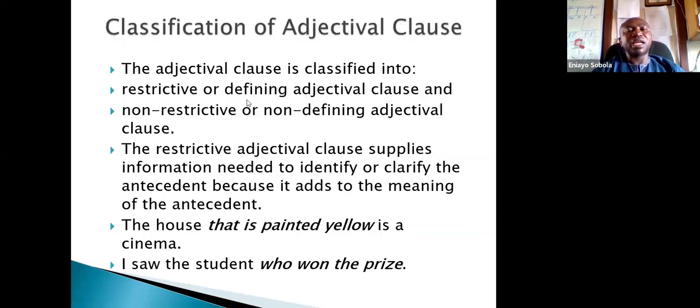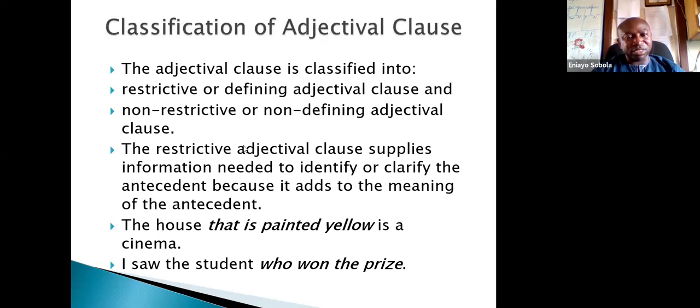So the adjectival clause is classified into two. We have restrictive or defining adjectival clause and non-restrictive or non-defining. What do you mean by that?